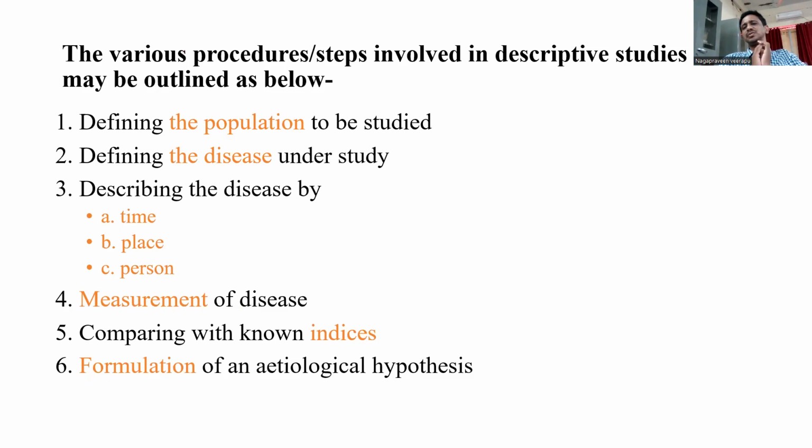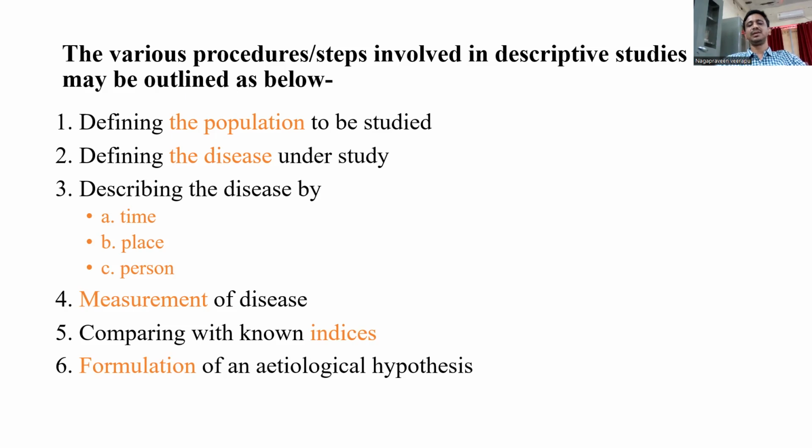The various procedures involved in descriptive studies may be outlined as below, or the steps which are involved. First starts with defining the population to be studied. Next, defining the disease under the study. Next, describing the disease by time, place, person.